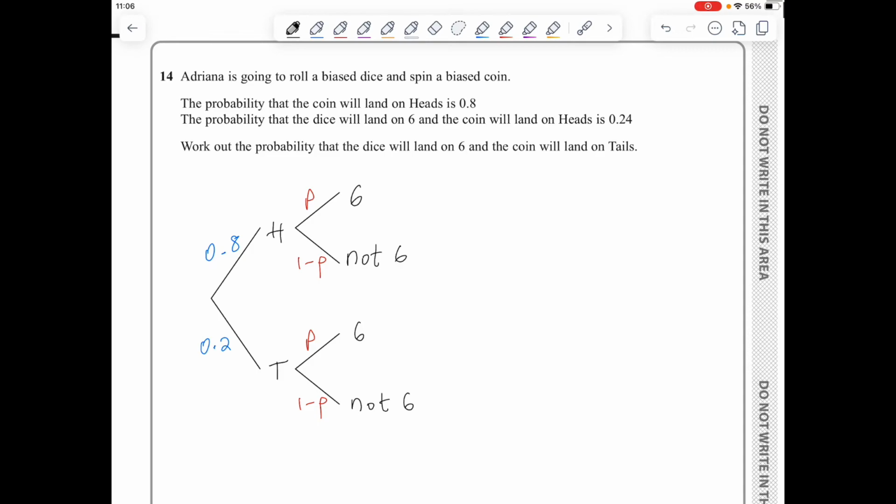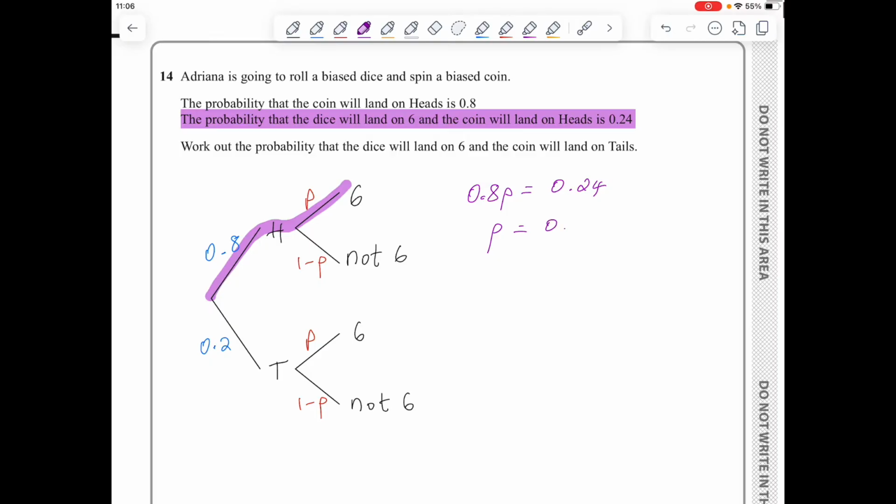Now, I'm given that the probability of a 6 and a head is 0.24, and this corresponds to the 0.8 times P. So let's create an equation. 0.8 times P is equal to 0.24. So P is equal to 0.24 over 0.8, which gives me 0.3.